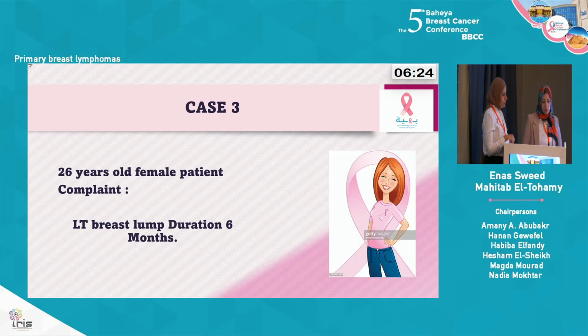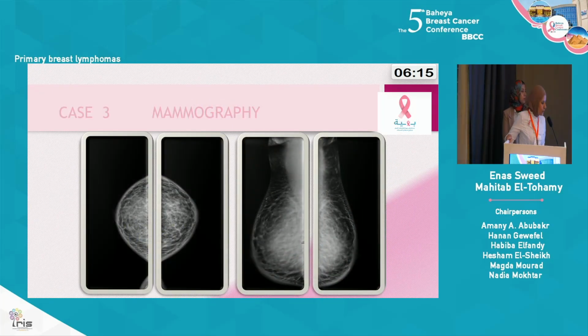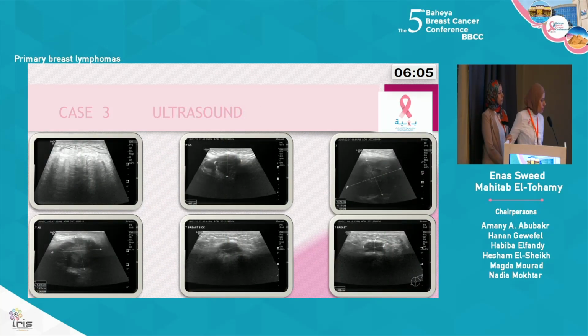The third case was a 26-year-old female patient complaining of a left breast mass of 6 months duration. Diagnostic CC and MLO of both breasts show bilateral diffuse breast edema manifested by increased skin thickening, increased parenchymal density, and coarsened trabeculae. Ultrasound confirms the breast edema in the form of skin thickening, interstitial edema pattern, and smudged fat lobules, pathologically enlarged right axillary lymph node level 1 and level 2, and pathological left axillary lymph node.